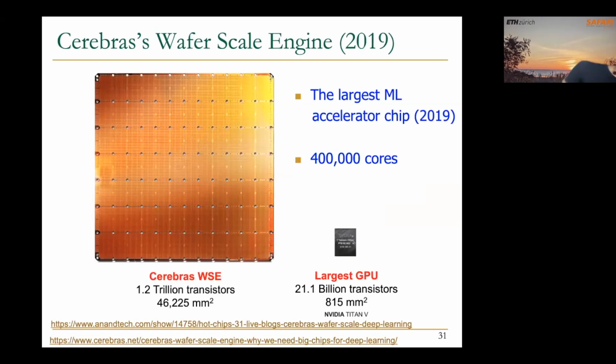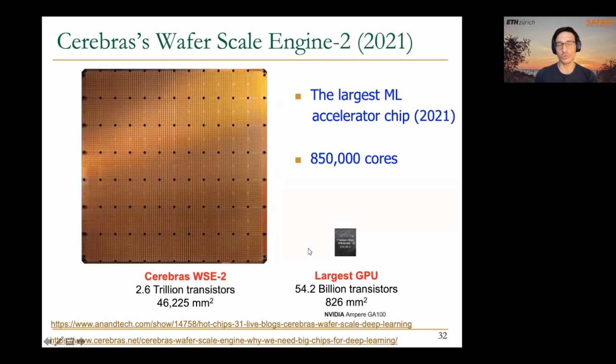A very good example is the Cerebras wafer scale engine. It's the largest ML accelerator; it is essentially not a single chip but a whole wafer. The very first generation had 1.2 trillion transistors, and as you can see on the slide, it was much larger than the largest GPU of that time.